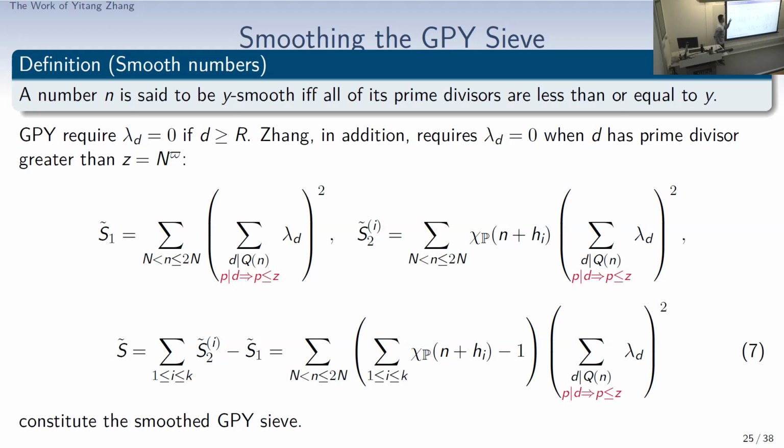In Zhang's situation, lambda d equals 0 not only when d itself is large, but also when d has some prime divisors that are large, like greater than n to certain powers.